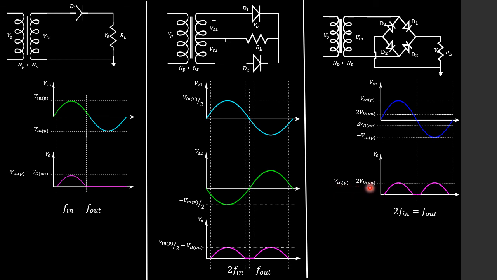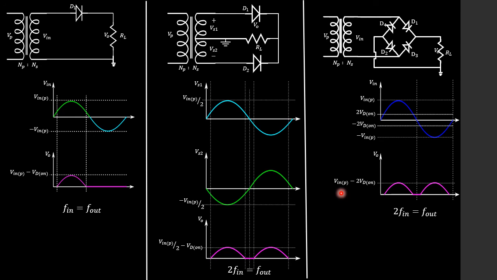Now when we compare this output to the full wave center tapped output, that is the input peak divided by 2, and this is simply just the input peak. So that's why we see a lot more power coming out of the full wave bridge rectifier circuit, and that's why the full wave bridge rectifier circuit might be preferred.